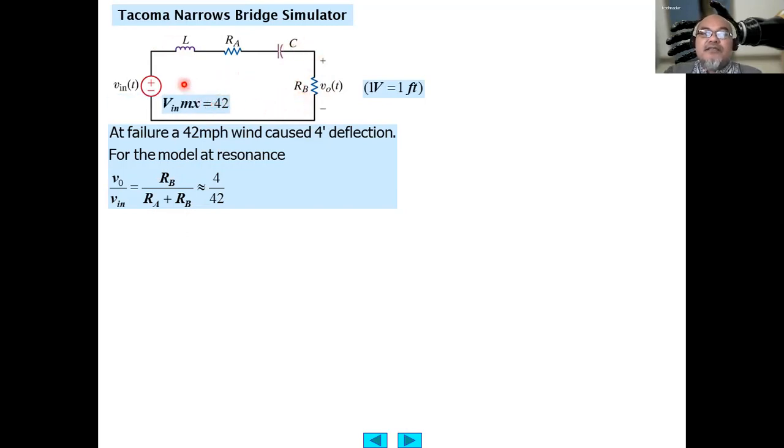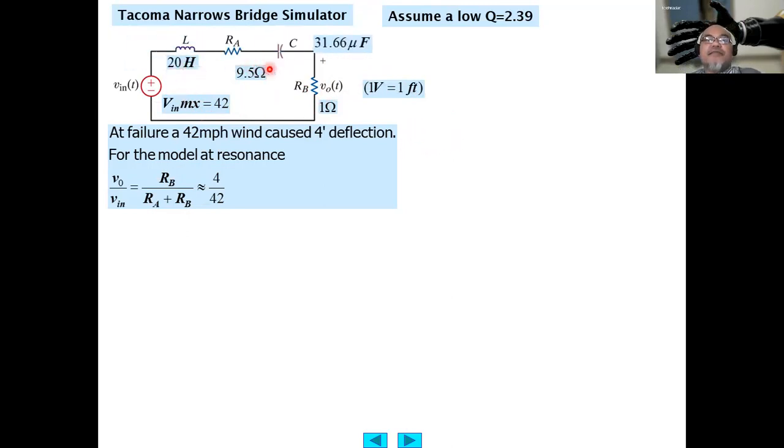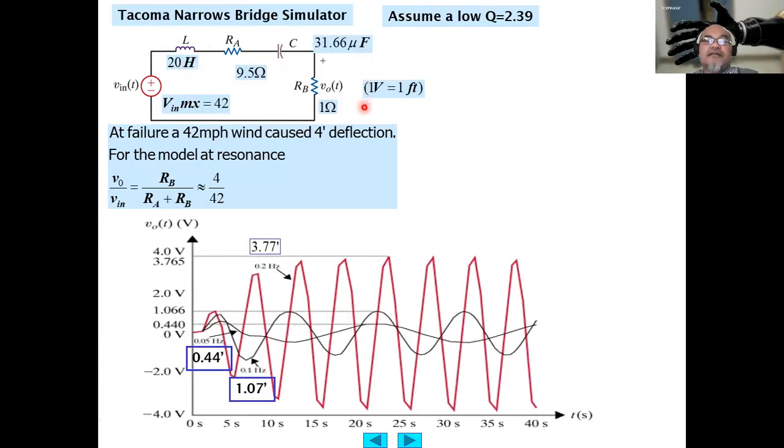V in at maximum is 42 miles per hour, RB is 1 ohm, and RA is 9.5 ohm. Assuming a low quality factor of 2.39, the inductance is 20 Henry and the capacitance is 31.66 microfarad.